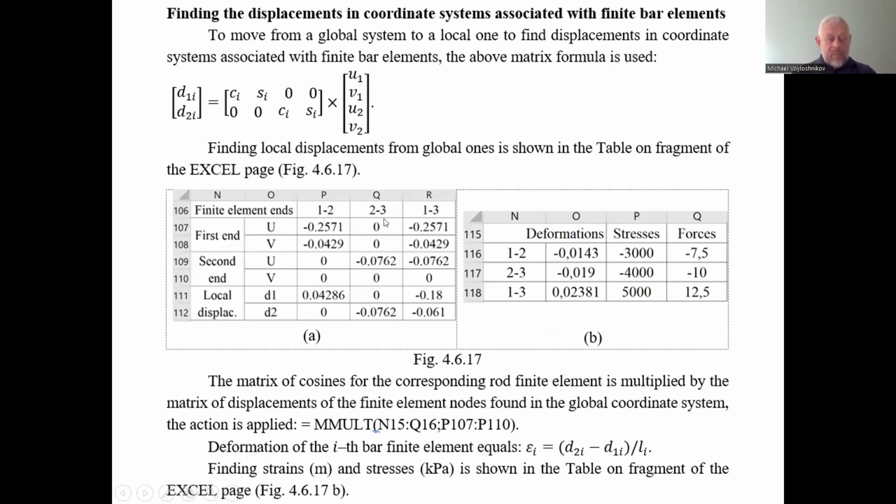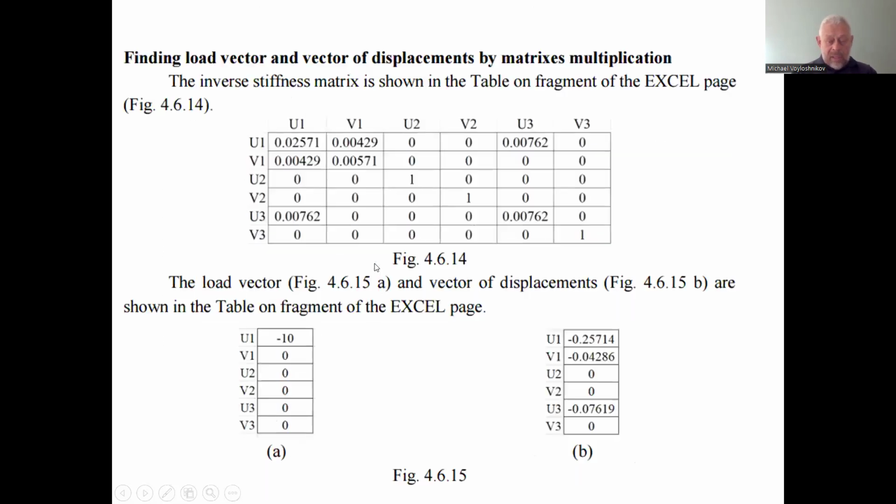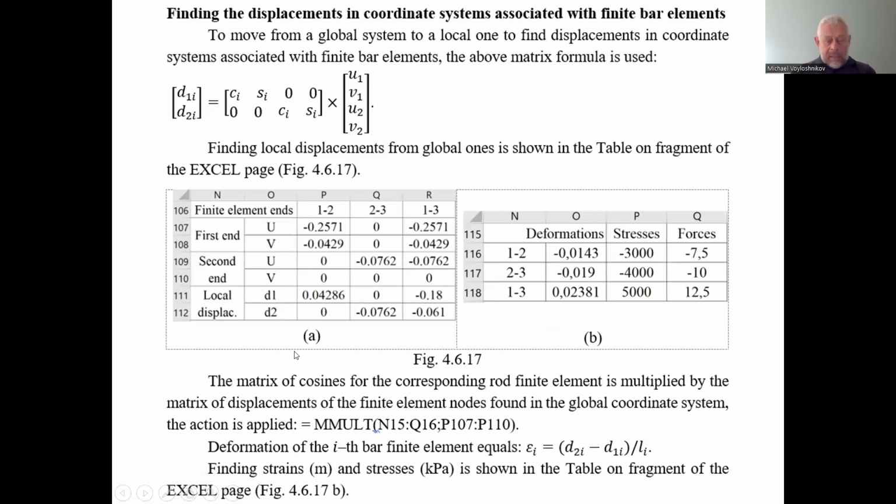Node number 3 can displace horizontally along the abscissa axis. We take it from the previous result, when we multiplied the inverse stiffness matrix of the mechanical system by the matrix of the external load. And the same for the third element.